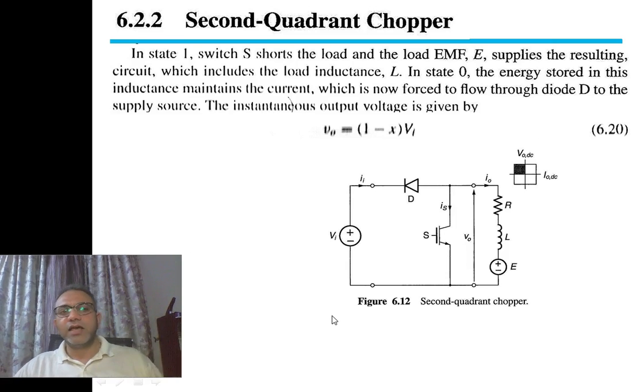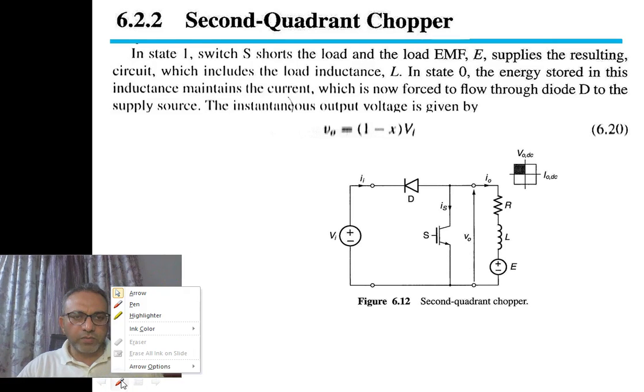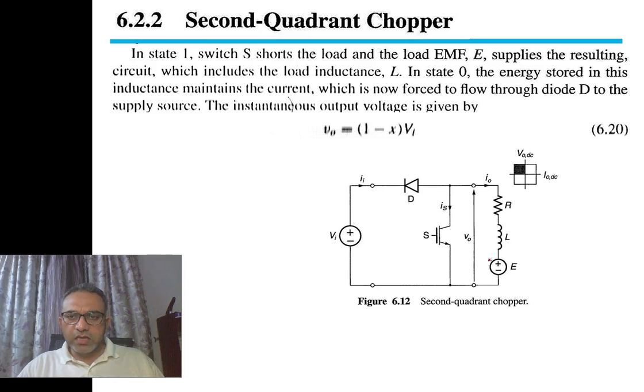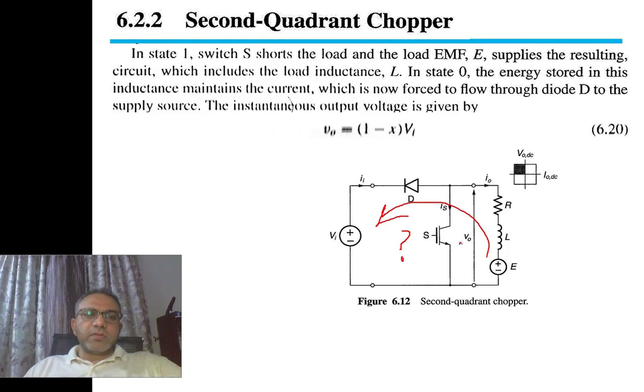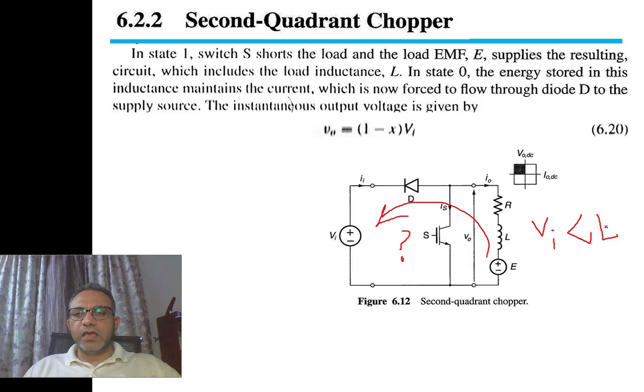So we have to make current flow from the load into the source. But the question is, how do we make current flow from E to Vi? How do we do this? There is only one technique: we will achieve this when Vin is smaller than the back EMF.